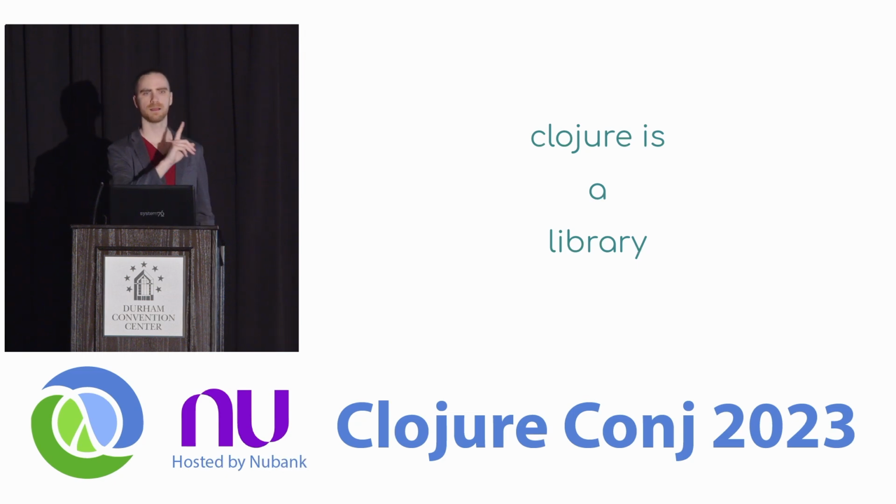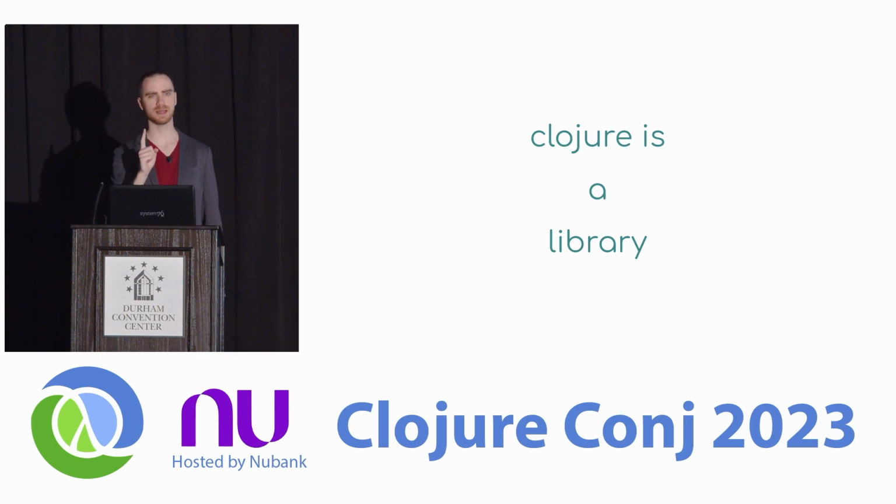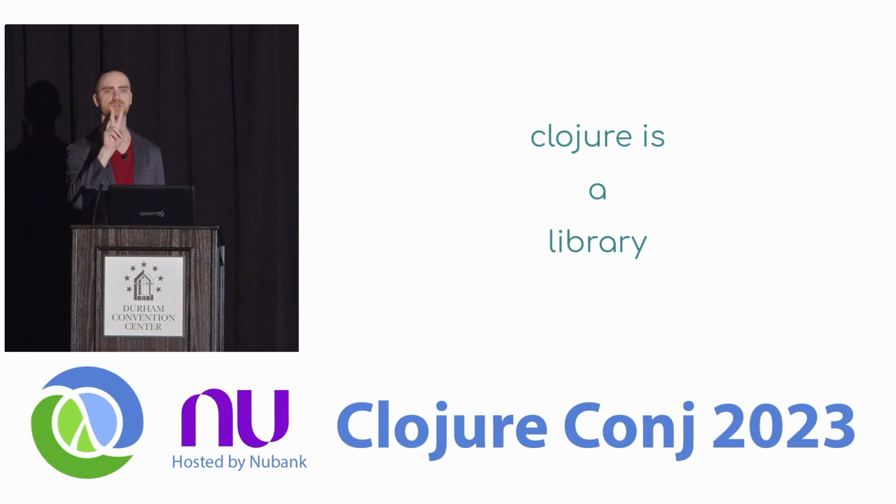Jank is to C++ as Clojure JVM is to Java. I have built a C++ library that has the object model. It has everything needed in order to work with Clojure, but it's just a library. And when you think about this as a library, then all of a sudden you have two audiences.